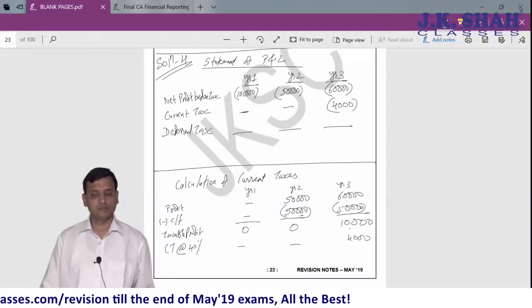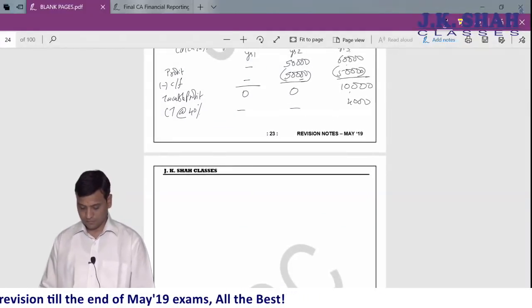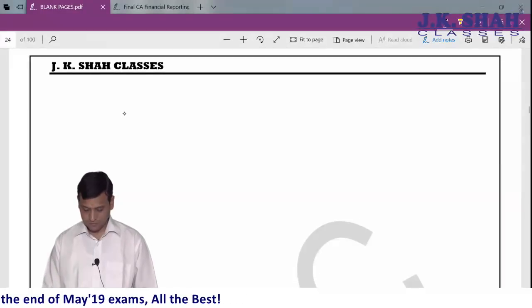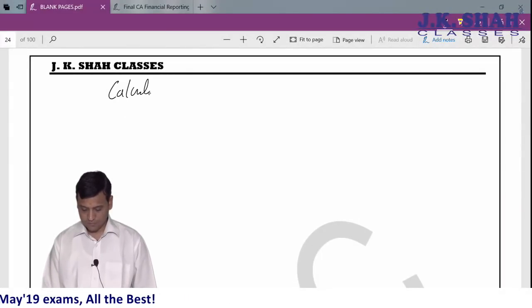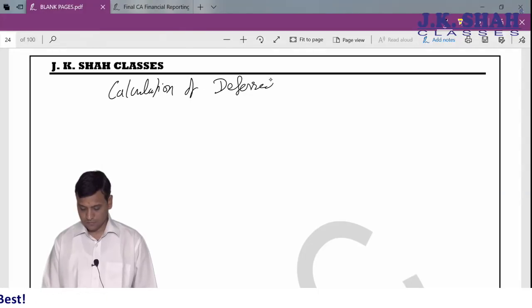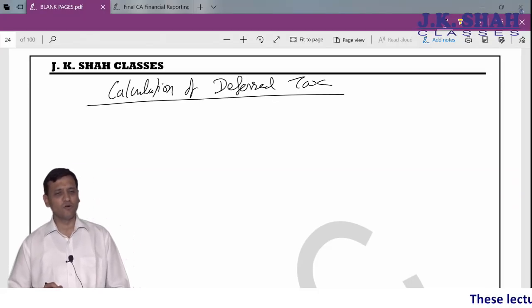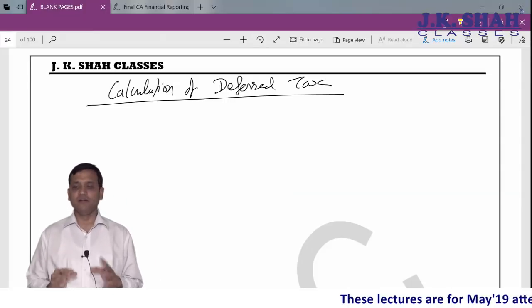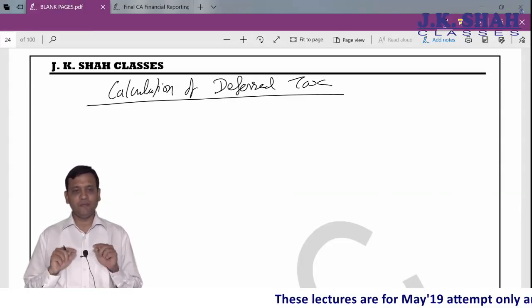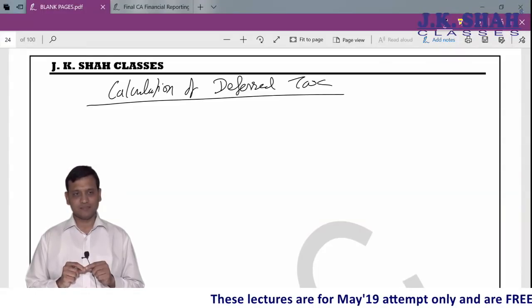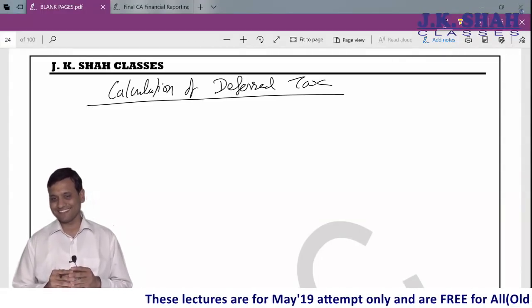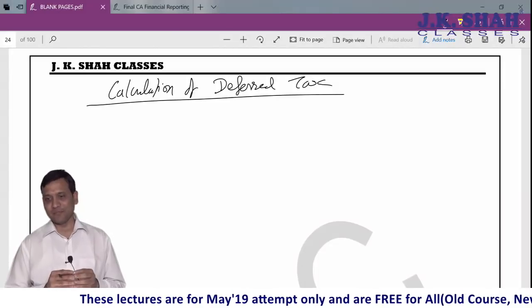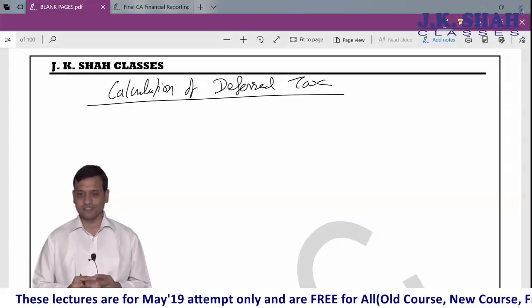Should I proceed? See, this looks somewhat weird, but only for understanding. If my P&L account has a debit balance, generally I show it on the asset side, or not? If a P&L account has a debit balance, meaning loss, I show it on the asset side.